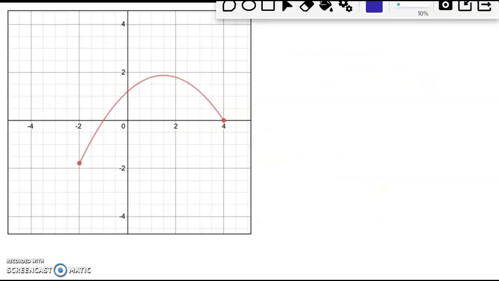One last example. So again, I am going to draw a box to enclose the graph. Okay, that's my box.